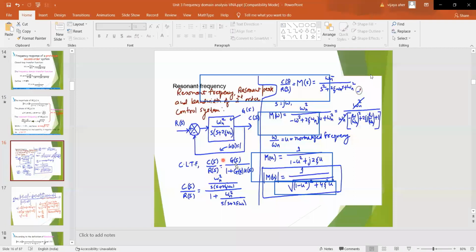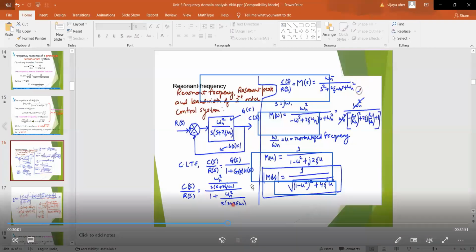Put this equation over here: omega n square divided by S into bracket S plus 2 zeta omega n, bracket complete, divided by 1 plus G S H S. H S is 1. So 1 plus again G of S, the same term, omega n square divided by S into bracket S plus 2 zeta omega n, bracket complete. Right? Now simplify after this.